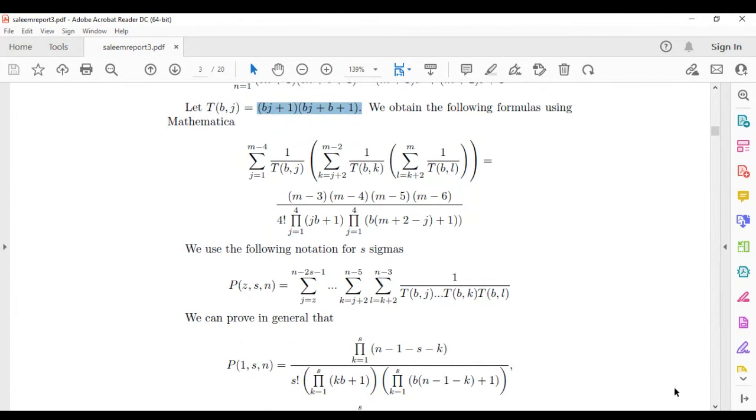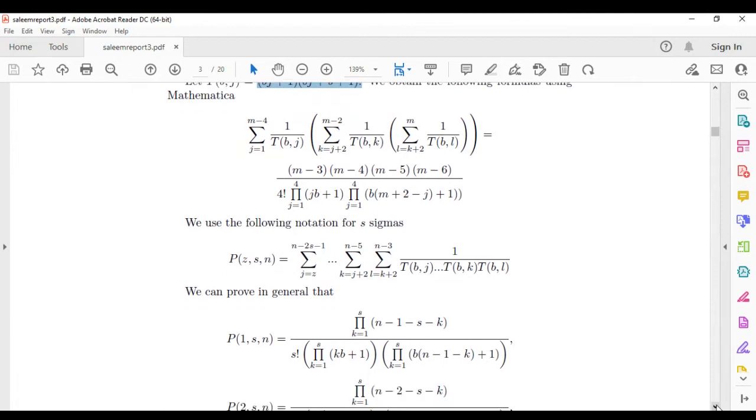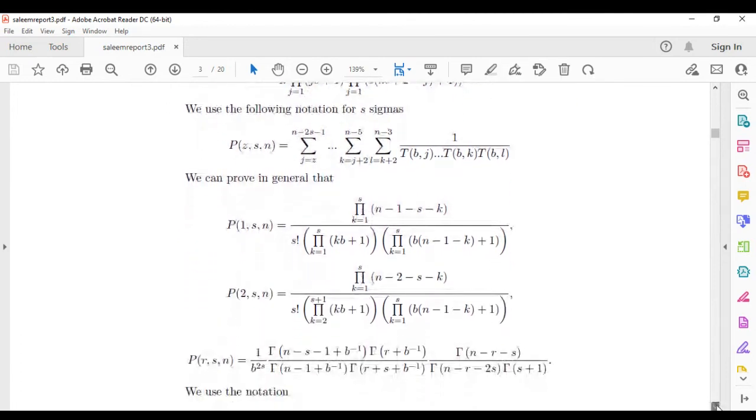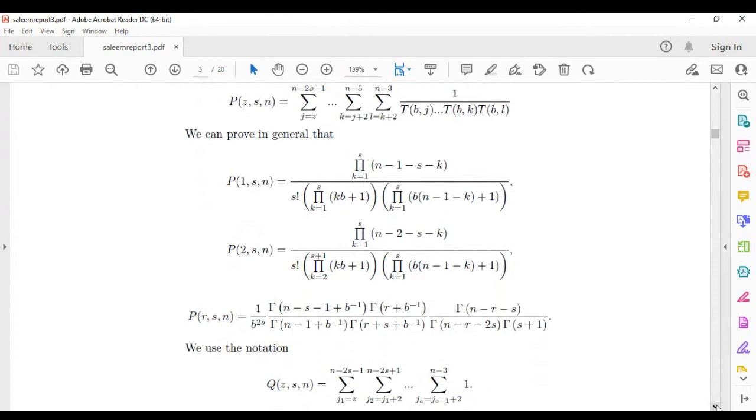PZSN, and we were able to express the value of such summations in terms of products, as we see in these formulas here.